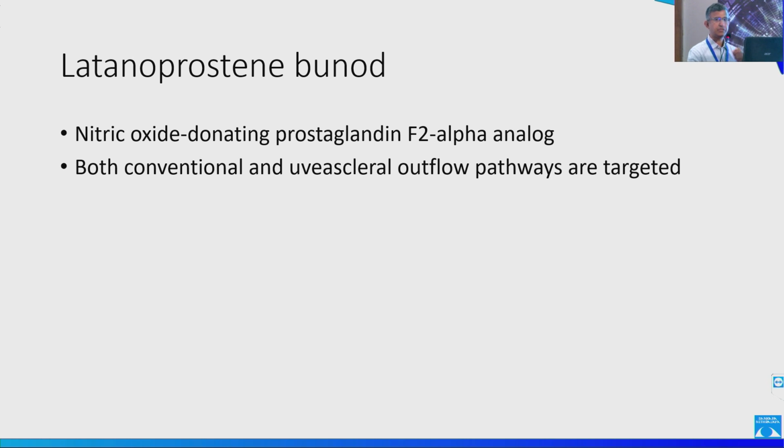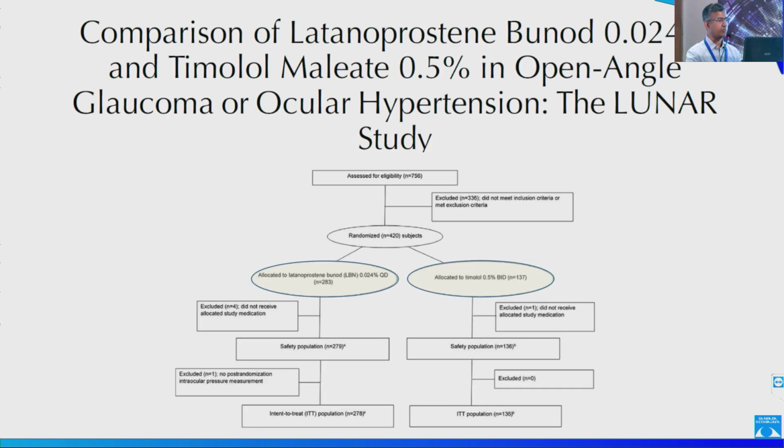The other drug which you are likely to see, maybe in the next 24 months, is latanoprostene bunod, which is a nitric oxide donating prostaglandin F2 alpha analog, and it targets both conventional and uveoscleral outflow pathways. So the LUNAR study studied this with about 700 odd participants who were randomized to either latanoprostene bunod or timolol.